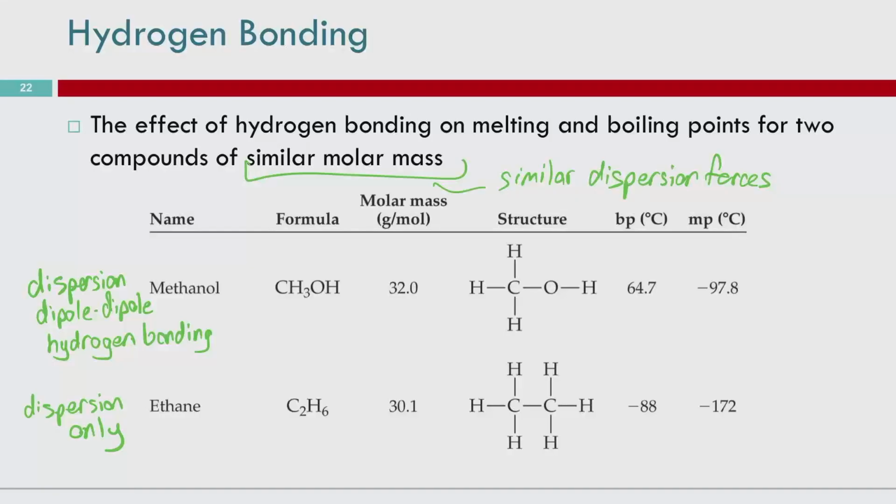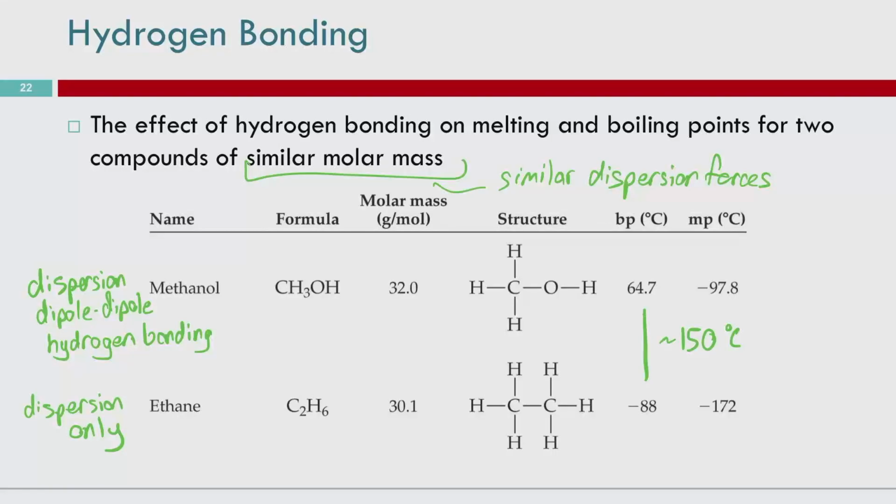So we've got a difference of around, is that 80? It's in the ballpark. Nope, it's not 80. 88, 90, 150. That's about 150 degrees Celsius difference by adding on dipole-dipole forces and hydrogen bonding forces.